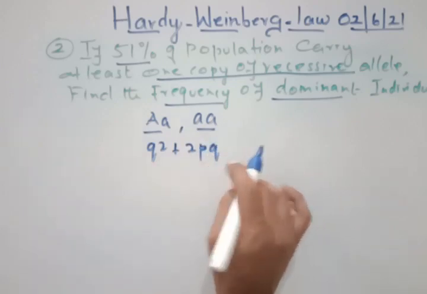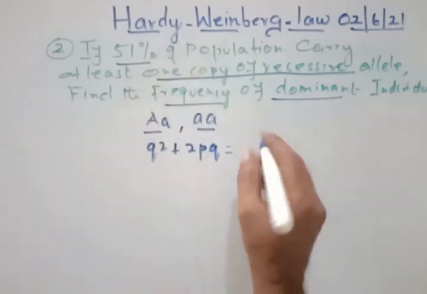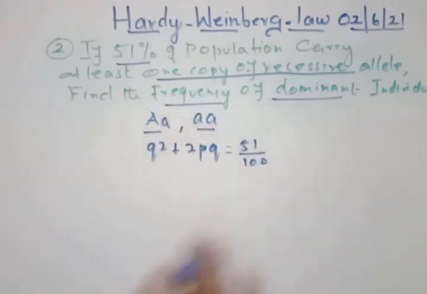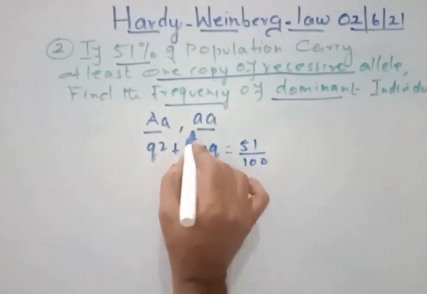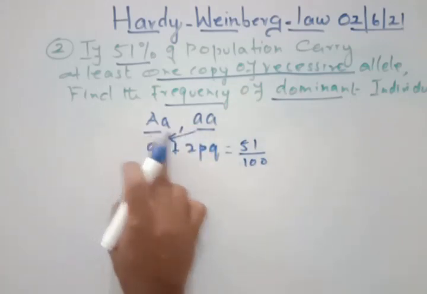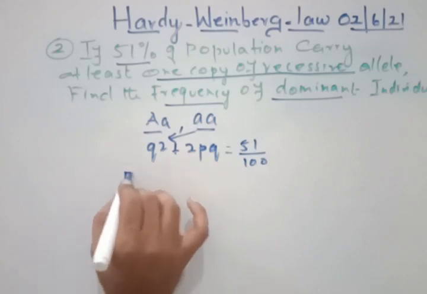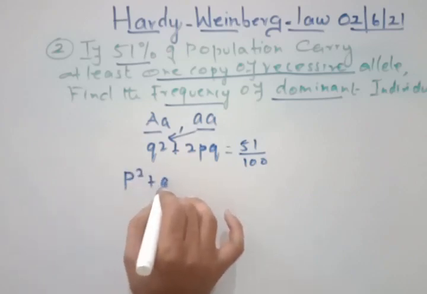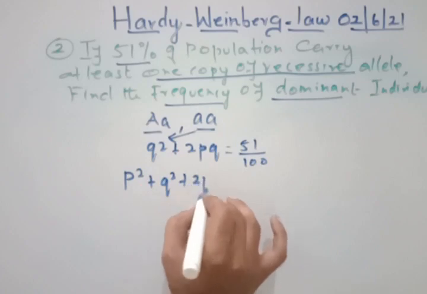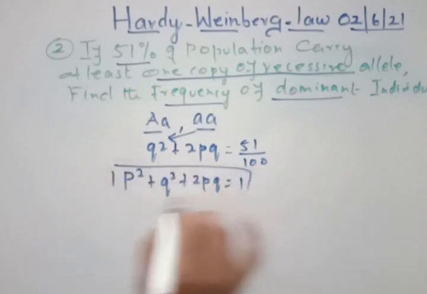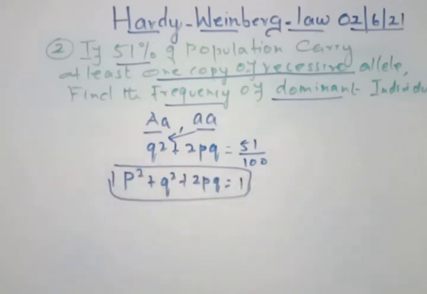Clear? Right. So we got the value, that is 51 by 100, so 51%. This is the value of q square plus the heterozygous. Now the formula we know is p square plus q square plus 2pq is equal to 1. So this is the formula for this problem.